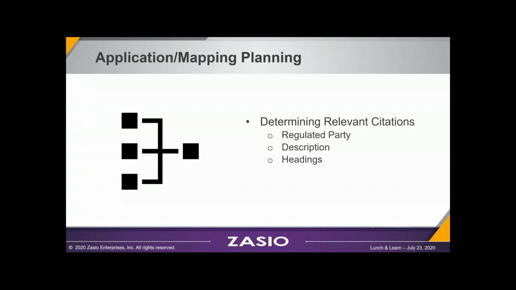Those are the categories of information that you're going to capture under the heading, and they are also important, I think, to provide that context for how you want to apply and consider the citation within the retention schedule.